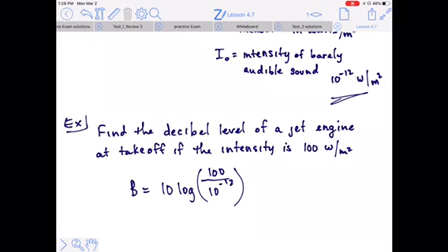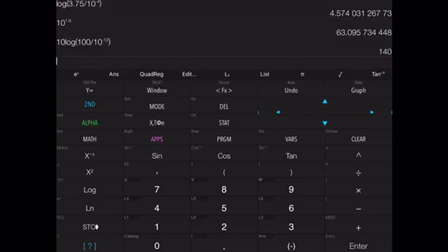And then this just becomes another calculator problem. So 10 times the log of 100 divided by 10 to the negative 12, 140 decibels.